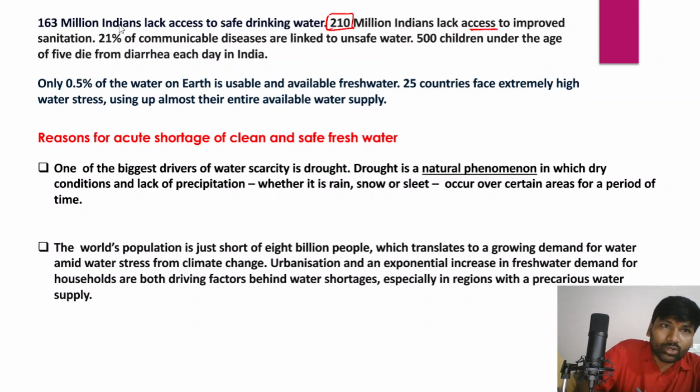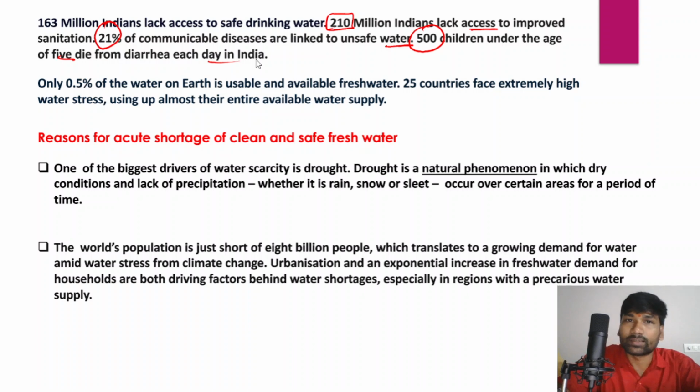In fact, 21% of communicable diseases are linked to unsafe water, and 500 children under the age of 5 die from diarrhea every day in India.